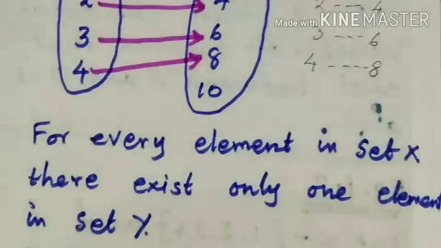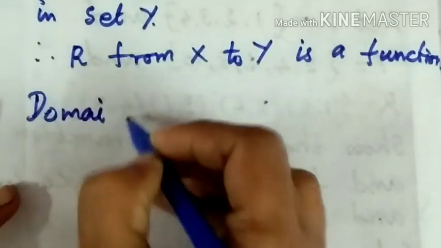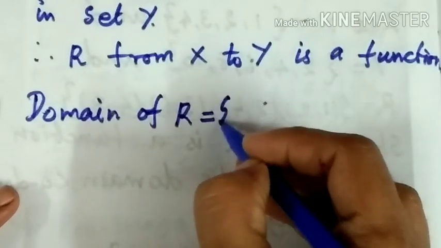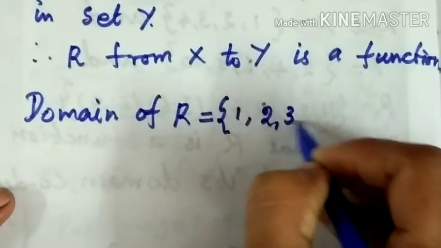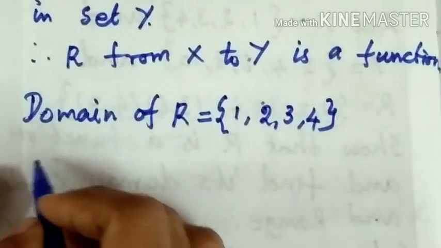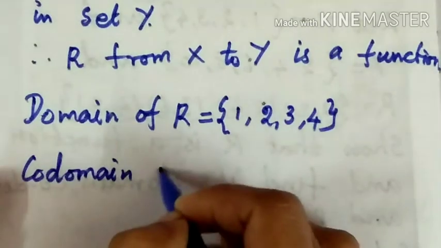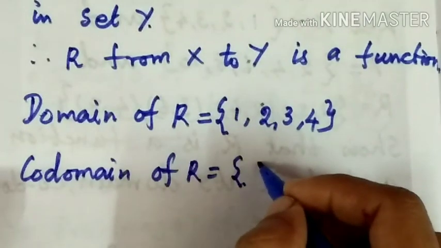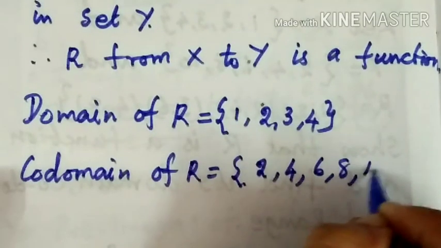So therefore you write domain of R equal to the first set X elements, that is {1, 2, 3, 4}. Then codomain of R, the second set Y elements, that is {2, 4, 6, 8, 10}.